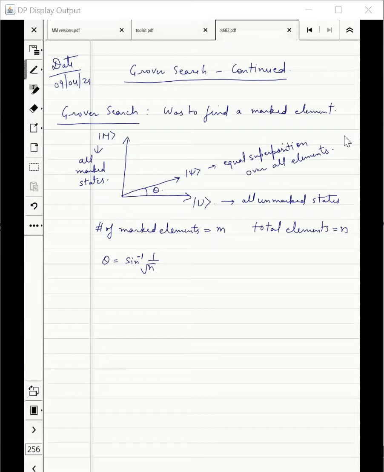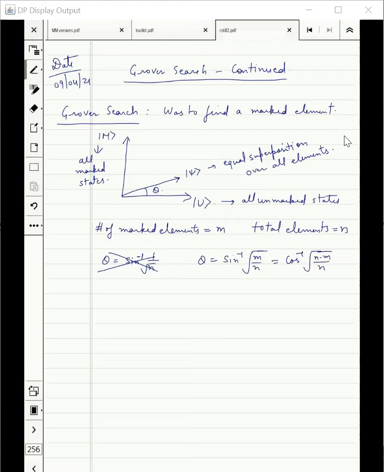But if the number of marked elements were m, then theta is actually sine inverse square root of m by n, which is the same as cos inverse square root of n minus m by n.